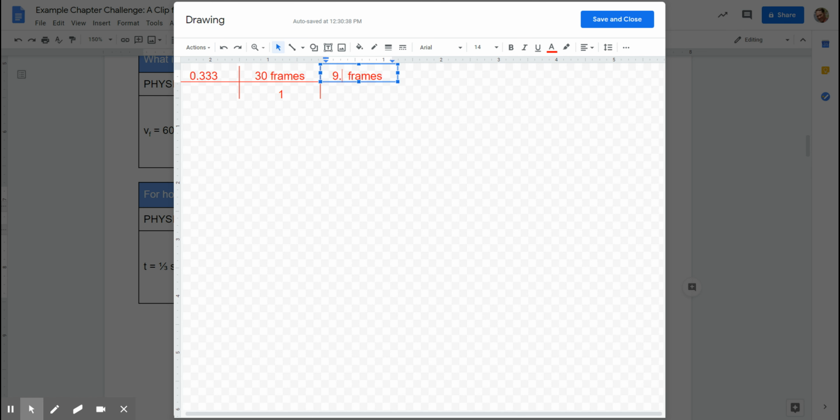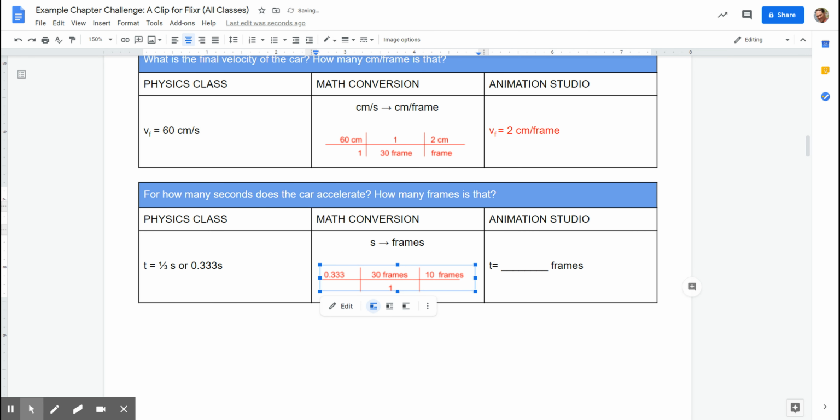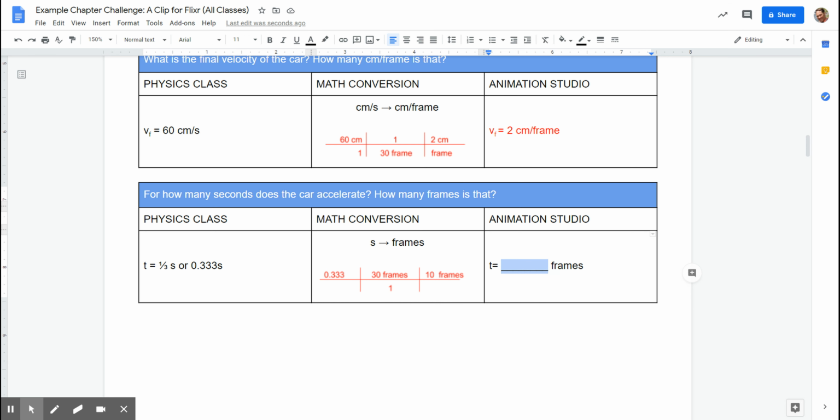But to be perfectly honest, if this was a true 1/3, those threes would be repeating completely over here, and instead of it being 9.99, you'd actually have 10. Which means that I'm going to accelerate here for 1/3 of a second, and in the world of video, that's a total of 10 frames of acceleration.